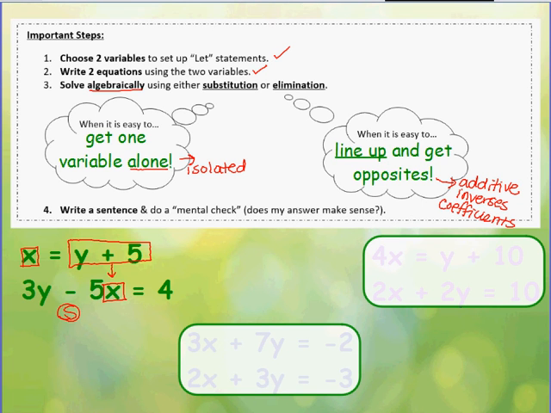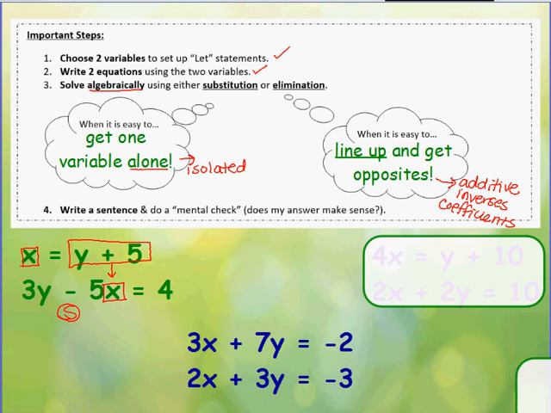Let's take a look at the next example. Here, I notice that the x terms are lined up, the y terms are lined up, equal signs are lined up, and the constants are lined up. So here, I do not have additive inverse coefficients yet. However, this 3 and this 2 have a common multiple of 6.